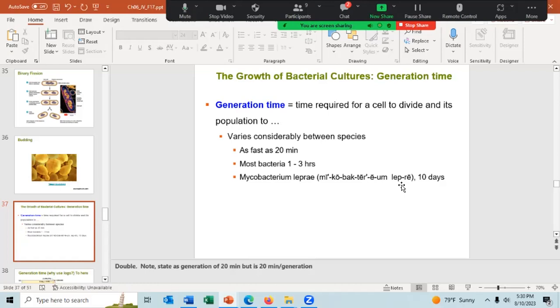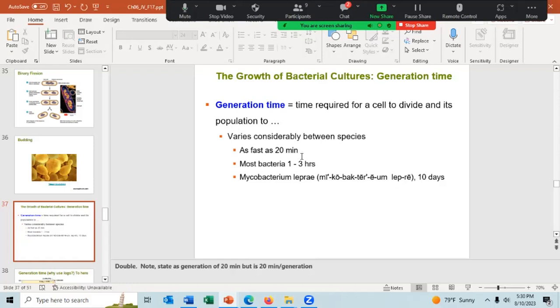Now, when you talk about the generation time, remember it's always 20 minutes or a time per generation. It is never generations per time. We're so used to thinking of miles per hour that we put the time second, but for the generation, it is time per generation.